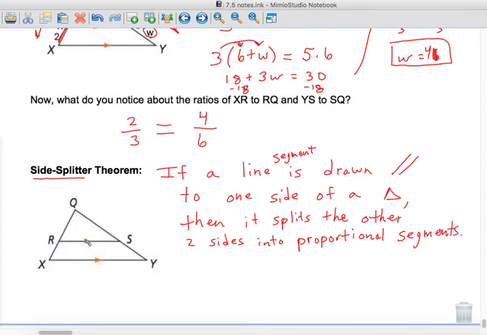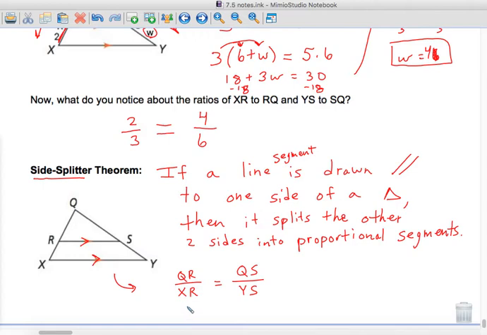So in this case, RS is drawn and it's parallel to the side XY, and it splits these sides up into two sets of proportional sides. So basically in this one, we end up with QR over XR, or RX, equals QS over YS, or SY. That's what the side splitter theorem is.